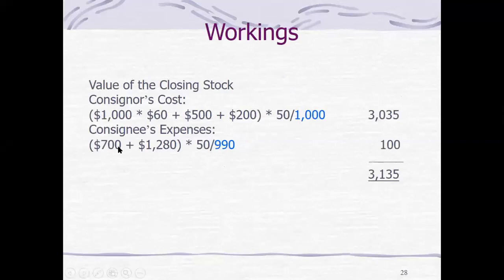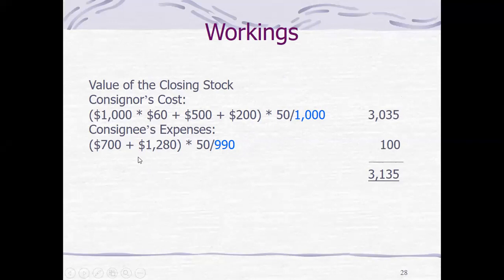In addition, we have here the value of the closing stock. So consignor's cost, which is again the sum of the cost of shipment and the directly attributable cost, multiplied by 50, which is the ending units assumed, divided by 1,000 units total of goods shipped by the consignor to the consignee. And we get 3,035.